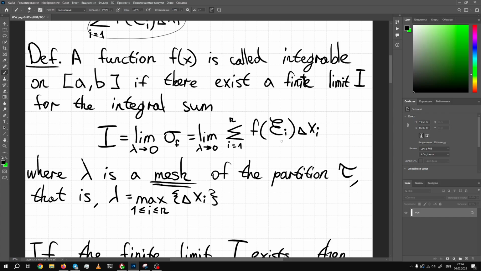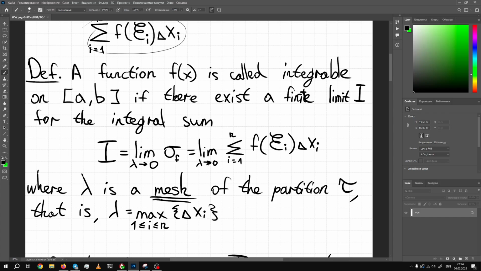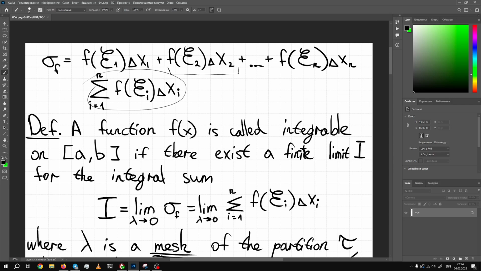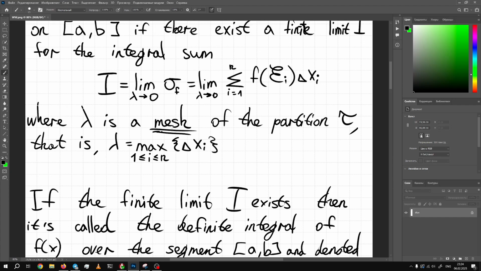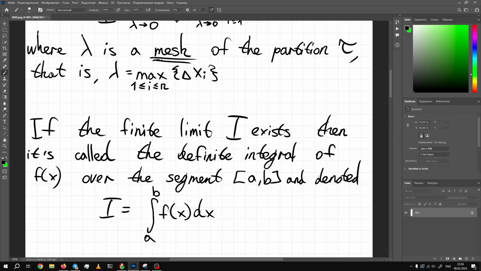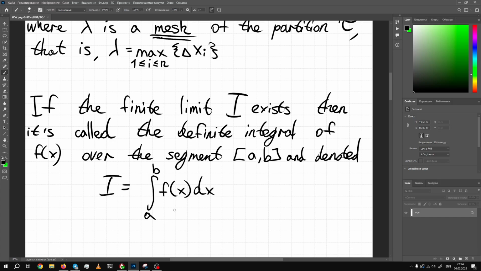Then we can define the integral sum of a very big number of rectangles. And from the other hand side, we can just forget about this limit and say that if we can define this definite integral, then our function will be integrable on this segment.